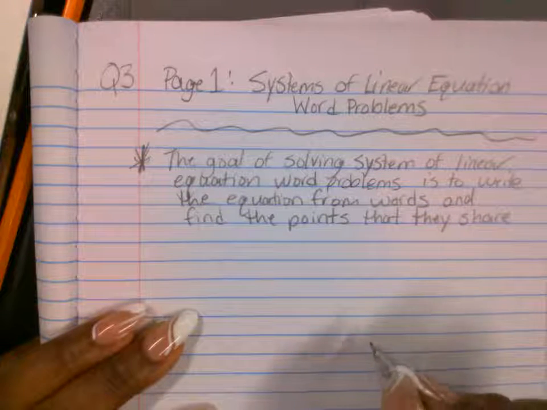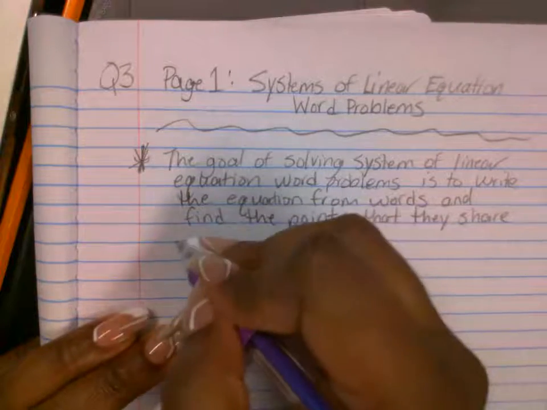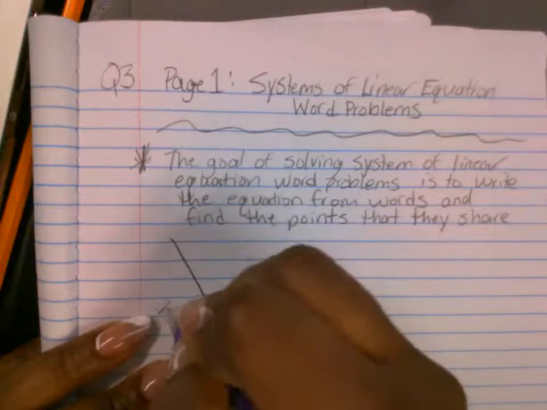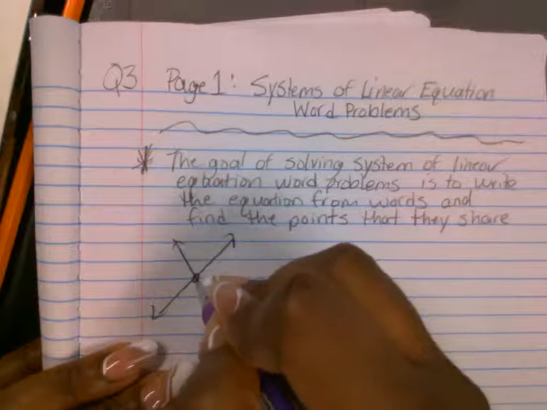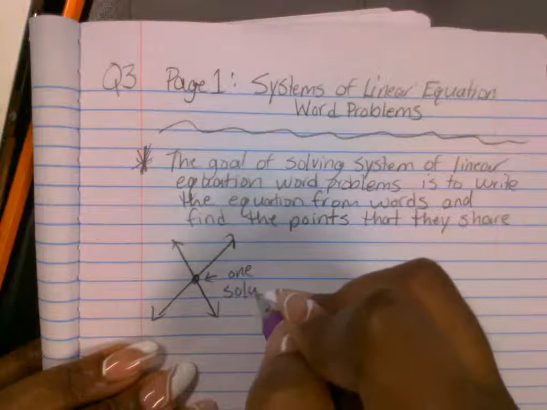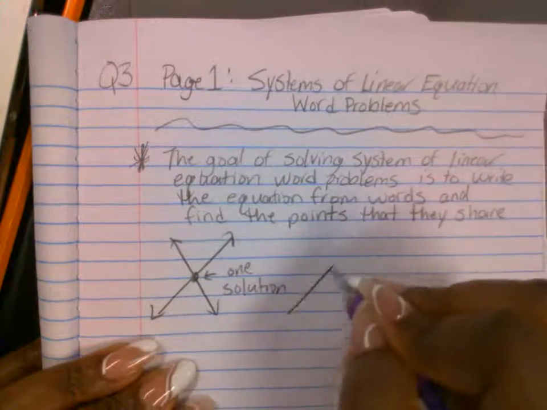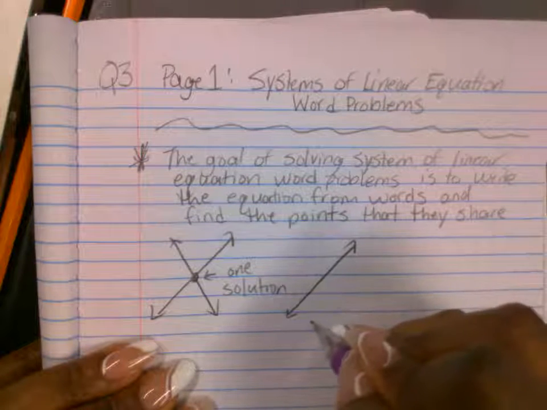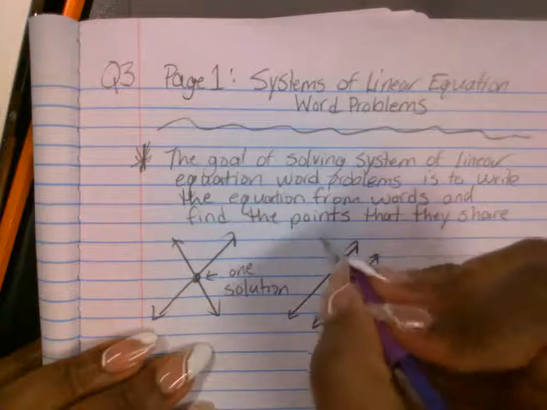And remember, if it's a system of linear equations, straight lines, two straight lines can only share either one point, which means this is one solution. They don't share any points if they have the same slope. That means they're parallel, same slope.